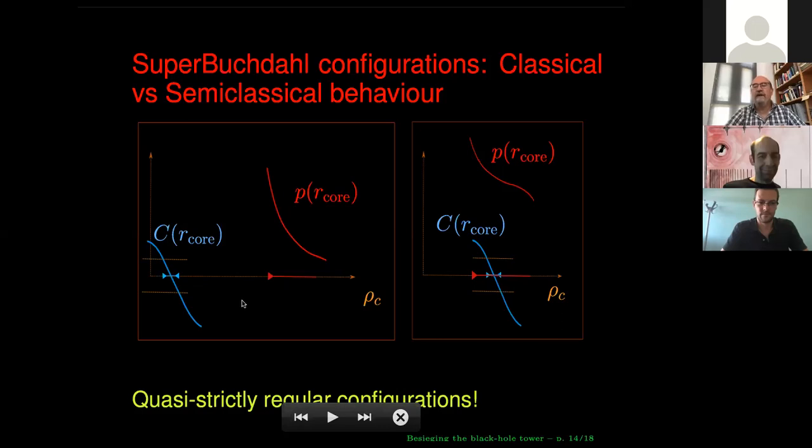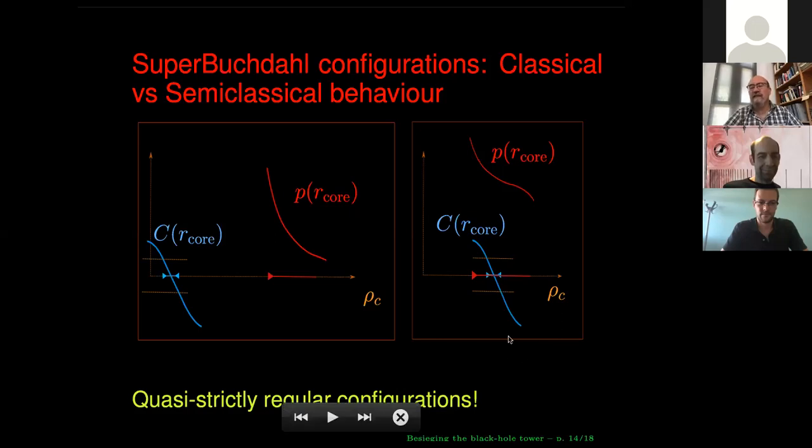So the SuperBuchdahl classical solutions are very far from being regular. They are very irregular configurations, and that's why the typical assertion is that they do not exist, that general relativity does not allow these configurations.